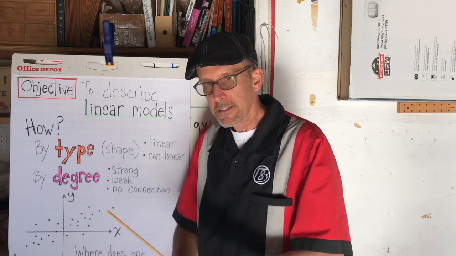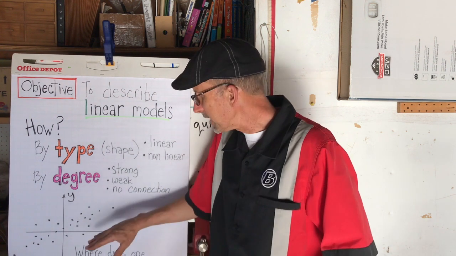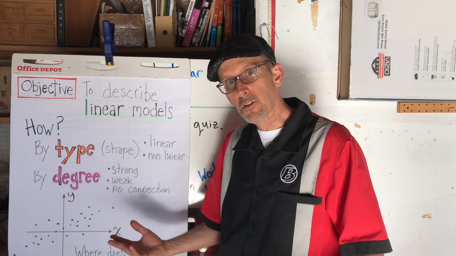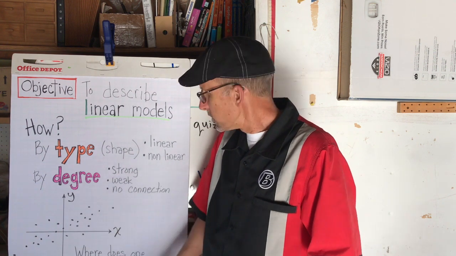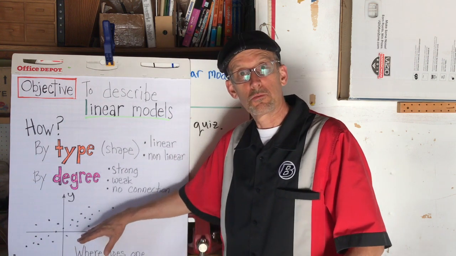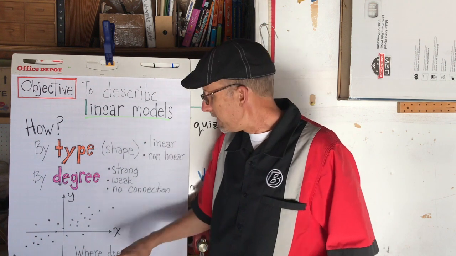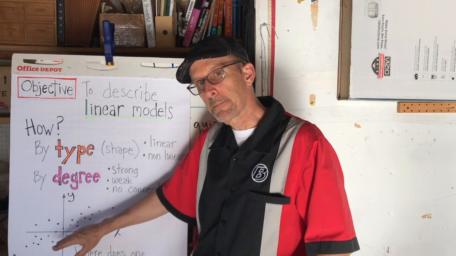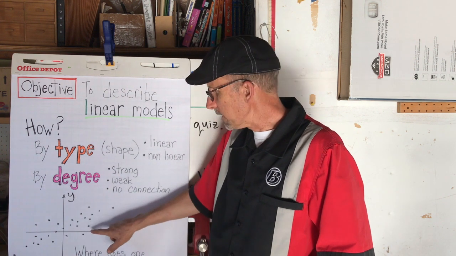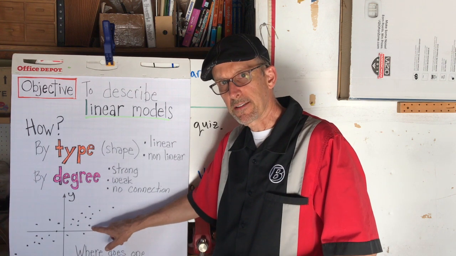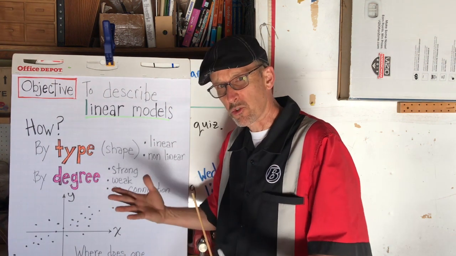So because the dots are getting more spread out, the connection is getting weaker. We started out with a nice bunch of dots that were lined up, and then not so much the next time, but certainly it was stronger or more connected than this. So the degree is kind of the strength of connection.